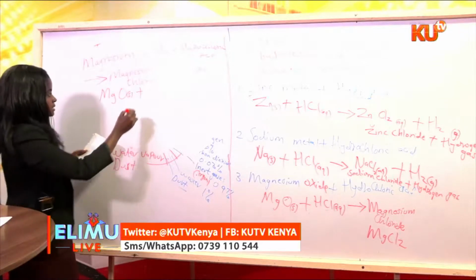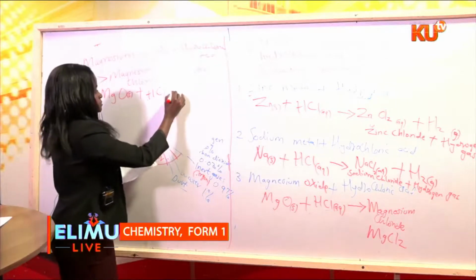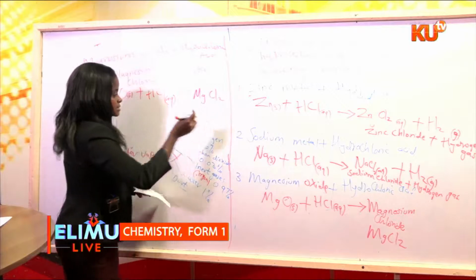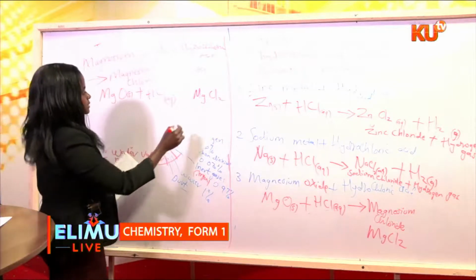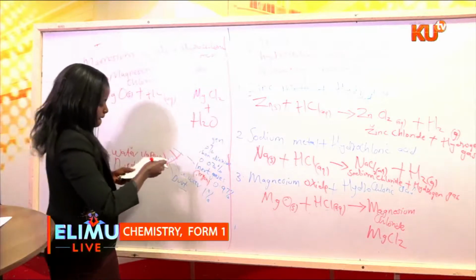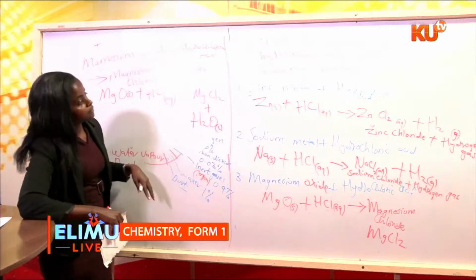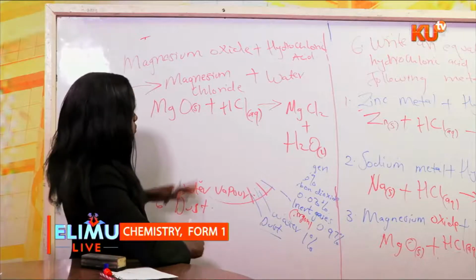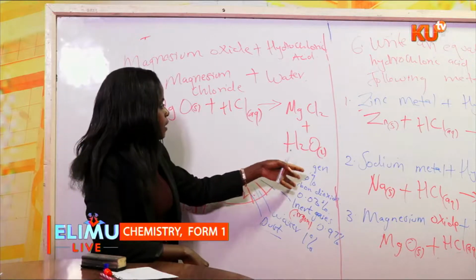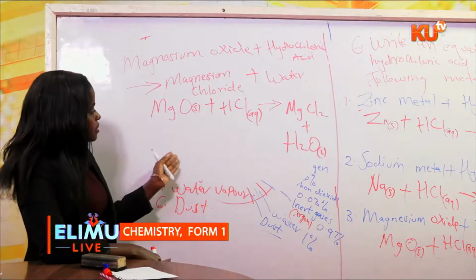Now magnesium oxide plus HCl, which is an aqueous solution, we get magnesium chloride plus H2O, which is liquid. Now this is the first liquid we have interacted with. All those others were solids, aqueous solutions and gases, but this is the first liquid.